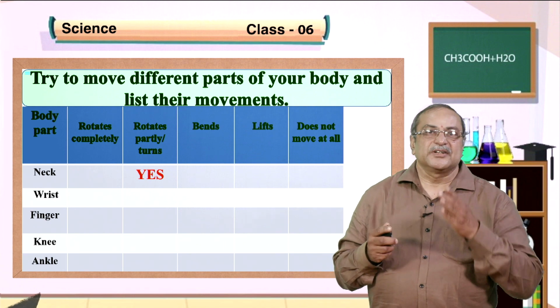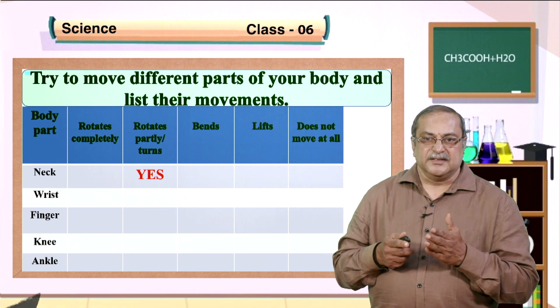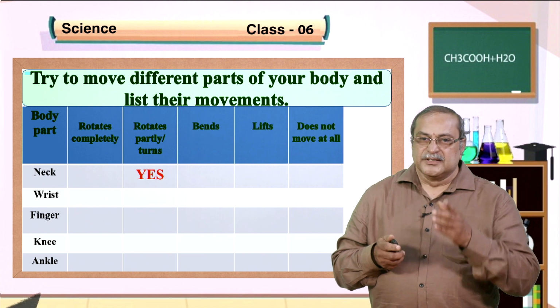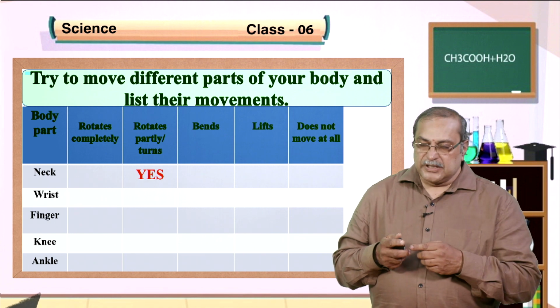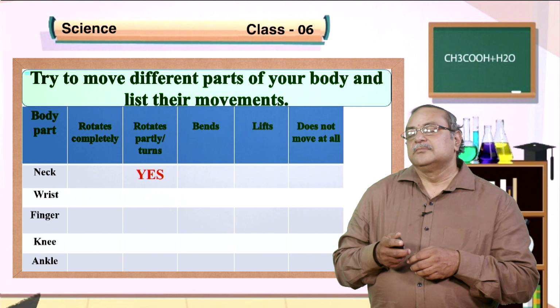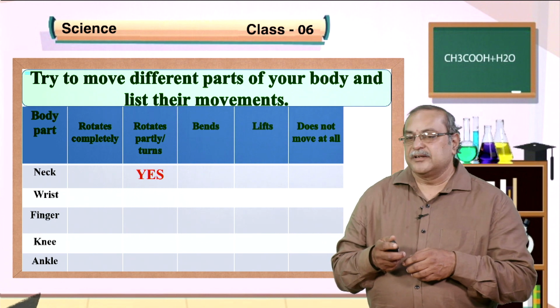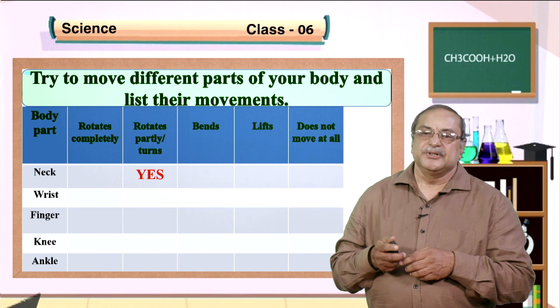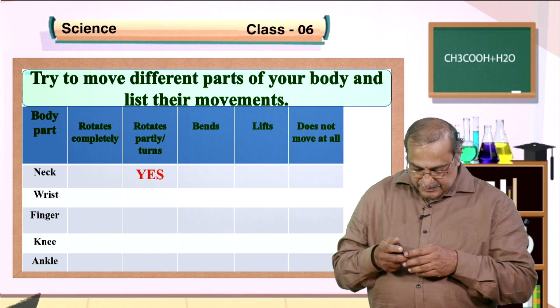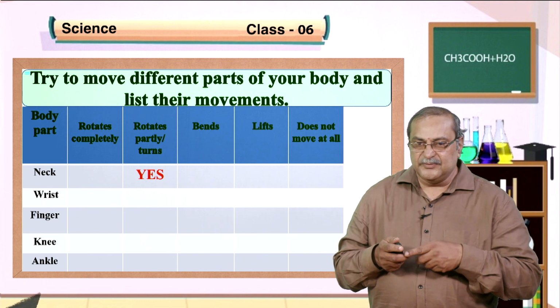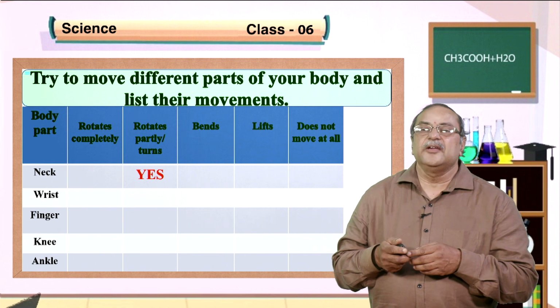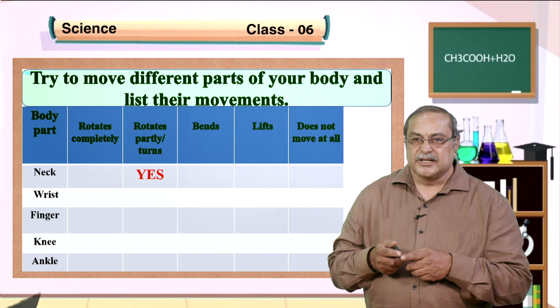Okay. First what you have to do? You take the neck. I have done it for you. So the neck, you can rotate now. You can rotate left and right, full round you can do, isn't it? And you can bend. So where is the bend in the column? You have to write bend, yes. Lift, in that column you have to write lift.